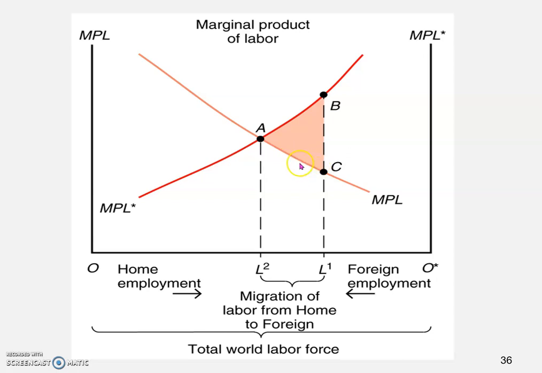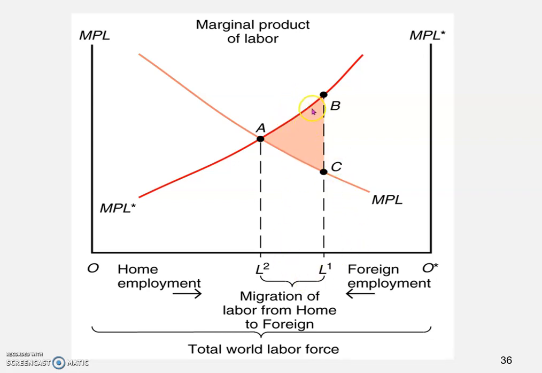So we're moving up along the MPL towards A. And in foreign, it's going to be the opposite because it accepts more labor from home. So it's going to move down along its MPL star curve, because the more labor it receives from home, the less productive the last unit of labor becomes.